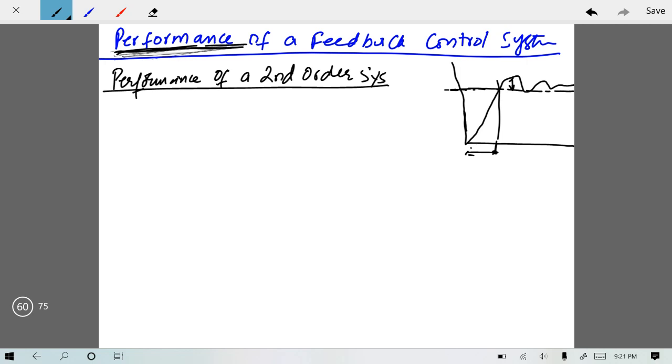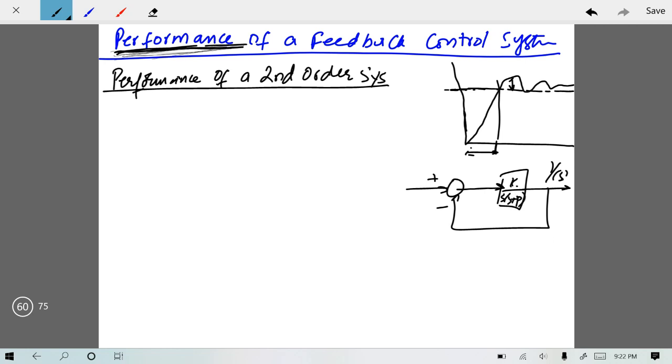Just to give you a brief introduction, let's say this is your system. This is y of s, with negative feedback, and this g of s is, let's suppose, some parameter k over s into s plus p.